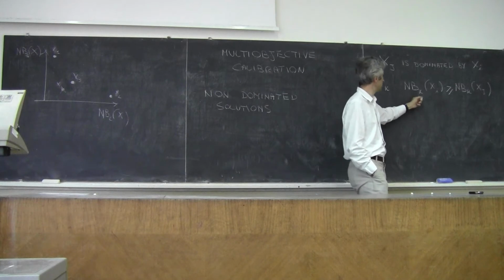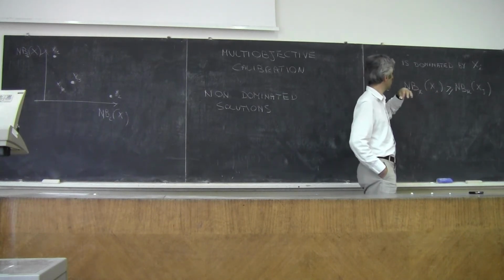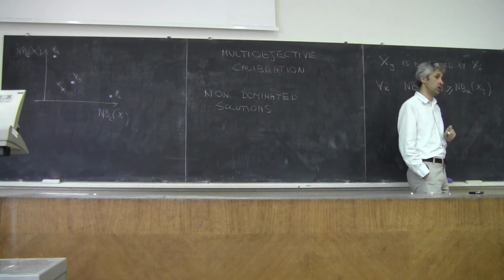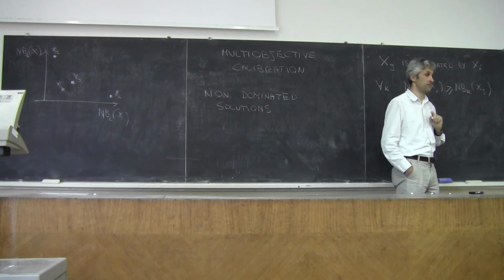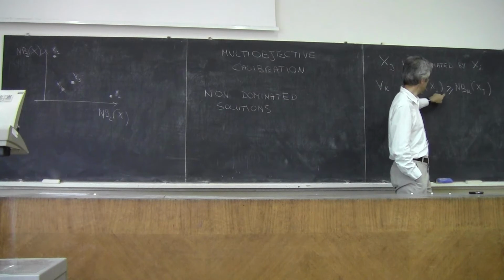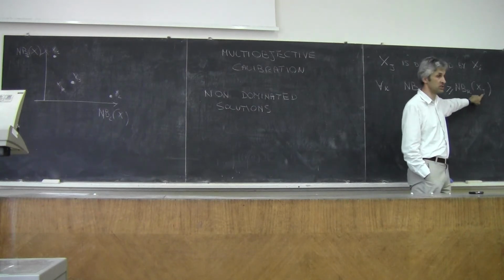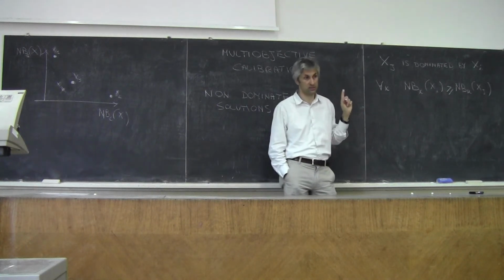So for each benefit, xi gives greater or equal benefits with respect to xj. Look, I put the greater or equal sign. But of course, if for all the benefits we find a coincidence of the benefit provided by xi with respect to xj, we can't say that the solution is dominated.